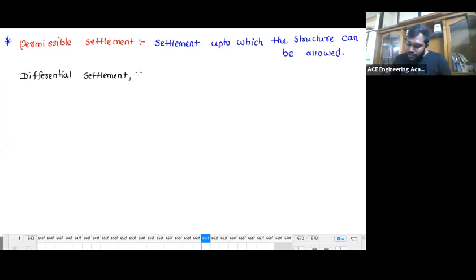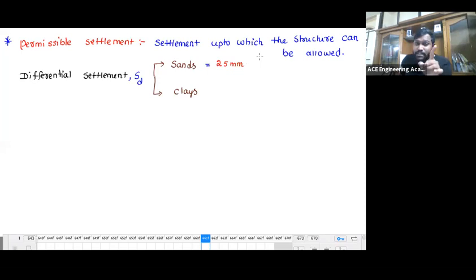And in this differential settlement, if it is a sand and if it is a clay, so in the case of sands, the maximum that you can allow is 25 mm only. The permissible means the settlement up to which structures can be allowed.